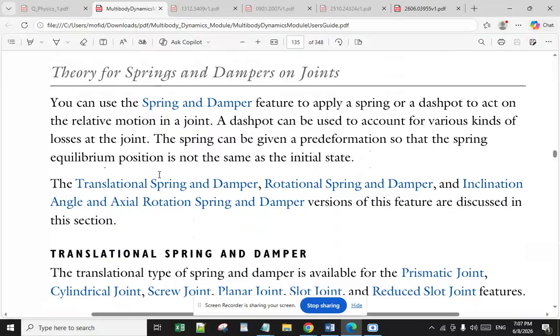The spring can be given a pre-deformation so that the spring equilibrium position is not the same as the initial state. The translational spring and damper, rotational spring and damper, inclination angle and axial rotational spring and damper versions of this feature are discussed in this section.